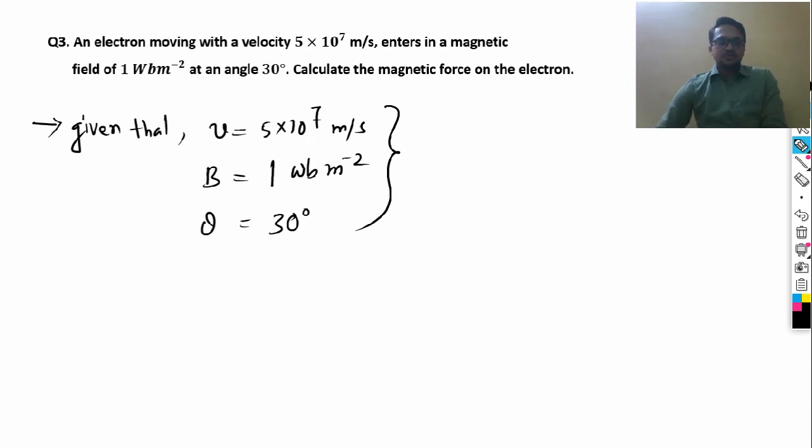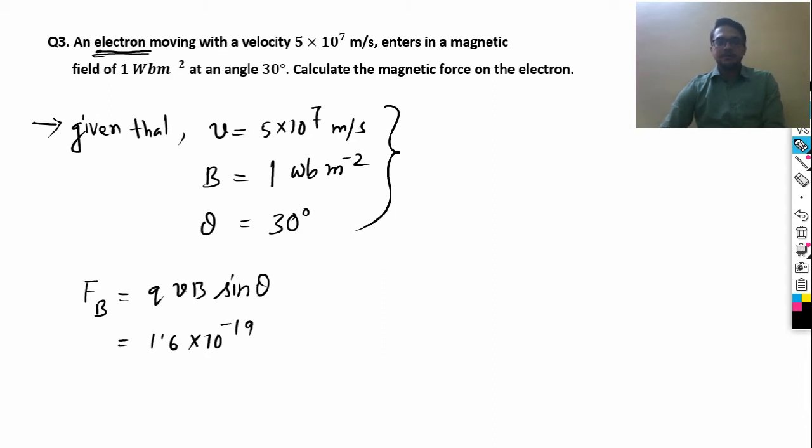Now we know F_B equal to qvB sin theta. Here you don't have to find the direction. Calculate the magnetic force on the electron. That means here you have to find only the magnitude, because no directions are given for v and B, so we cannot find the direction. And the charge is electron, that means q equal to 1.6 × 10⁻¹⁹.